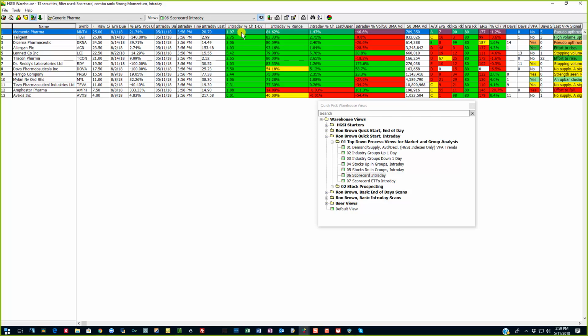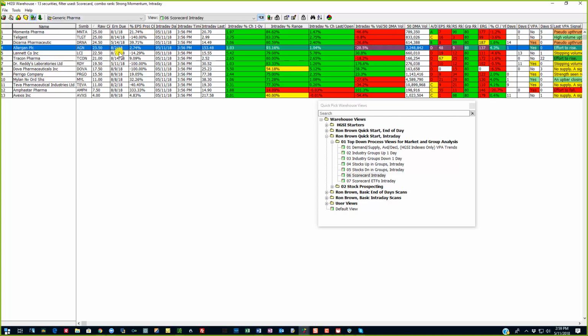It is up 1.97, trading at 84.62% of its daily range. I'm just looking at this stock because it's at 93.16% of its daily range.